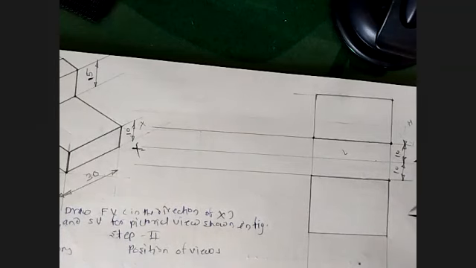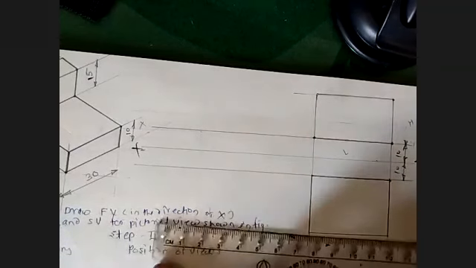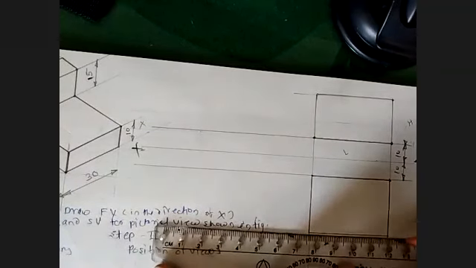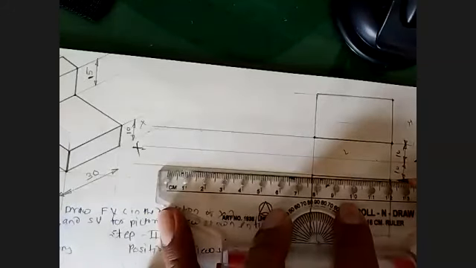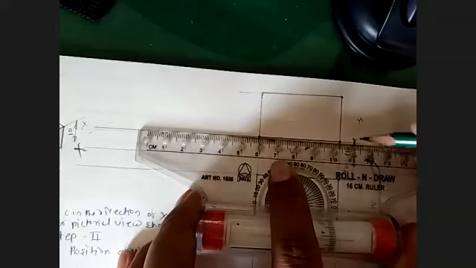This dimension is nothing but the width, so let me write here, to avoid any further confusion. This is the width. I will specifically write even for the front view boundaries.